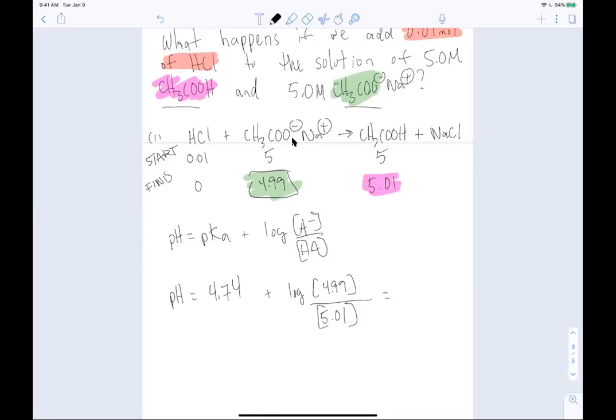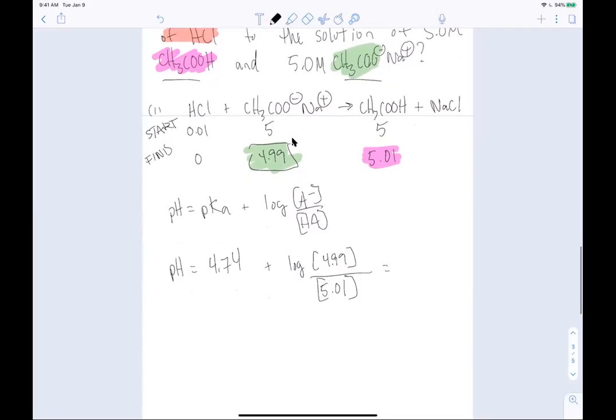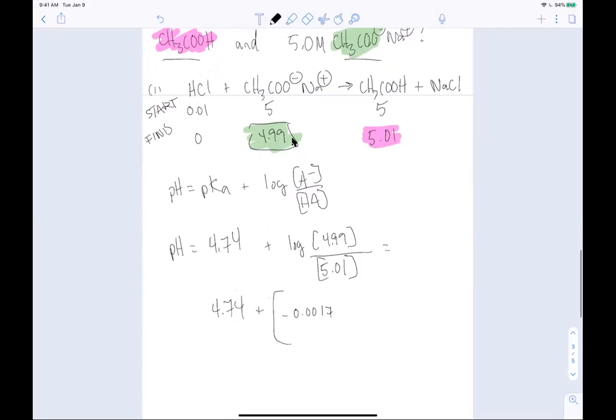So log of 4.99 divided by 5.01 ends up being this really small number, which is what you expect because it's very close to 1, and we know that log of 1 is 0.